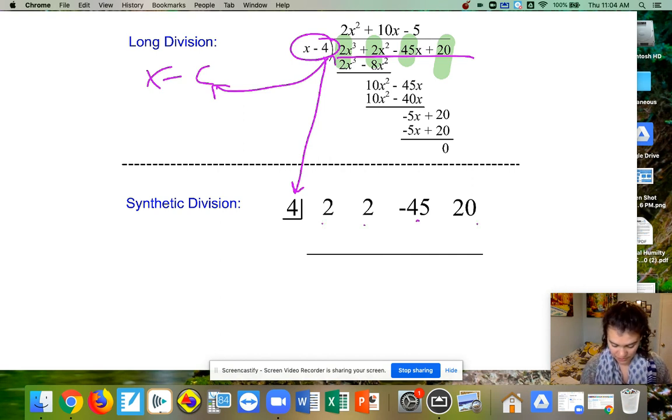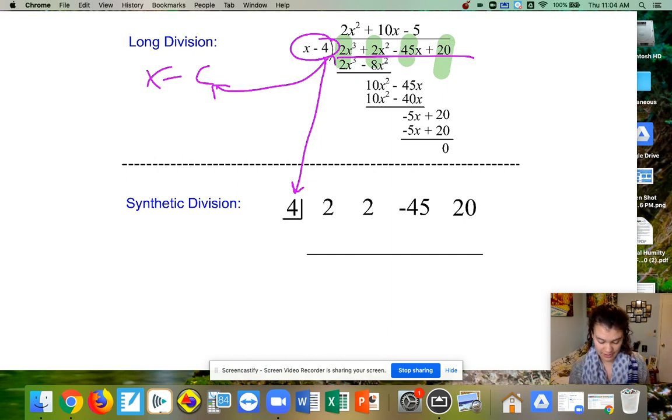You have to have a placeholder for every single spot. So you need an x cubed coefficient, an x squared coefficient, an x coefficient, and a constant. You can't miss something or it will mess up the whole process. So if you don't have an x cubed term, you need to put in a 0.